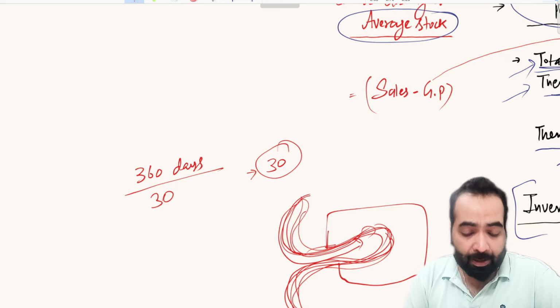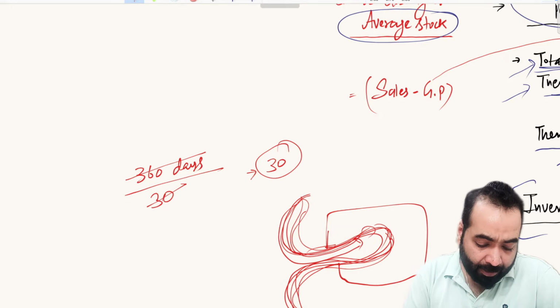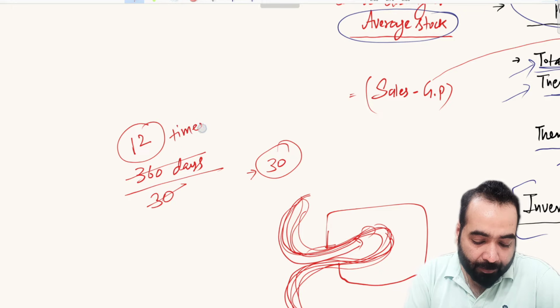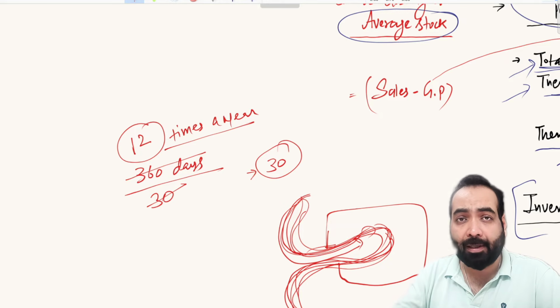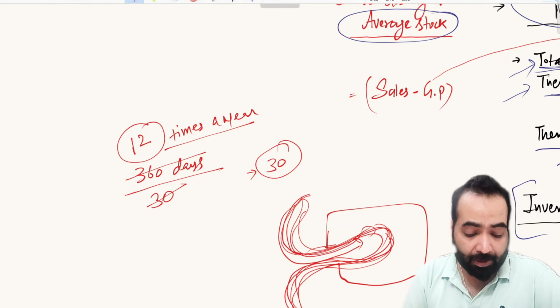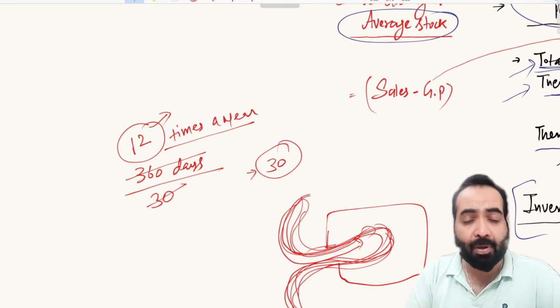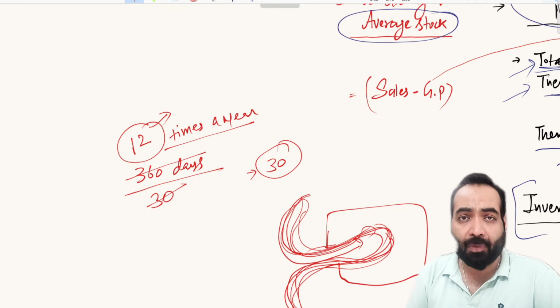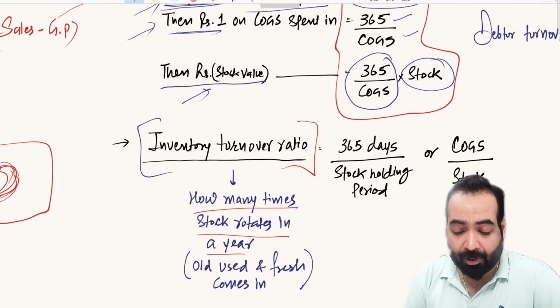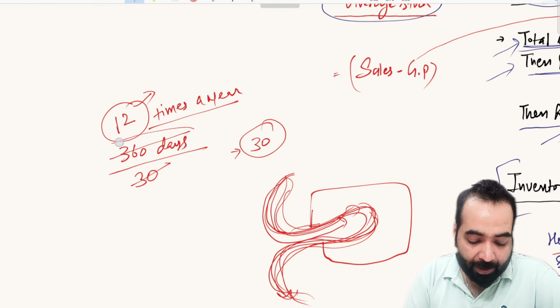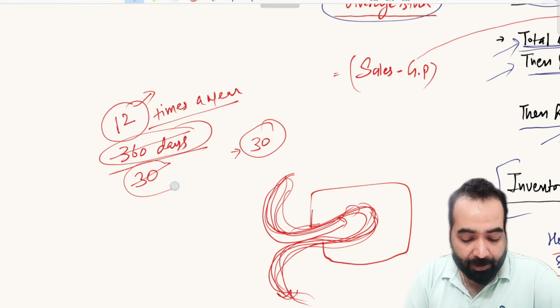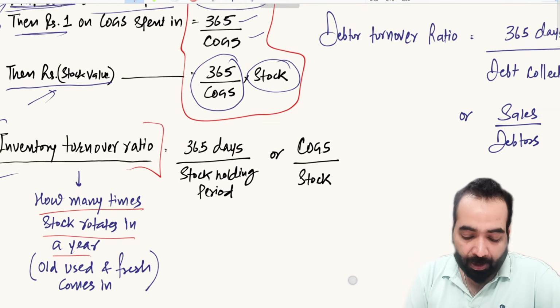If you divide 360 by 30, you will get that you rotate the stock 12 times a year. After every 30 days, old stock gets cleared out and new stock comes in the premises. This happens 12 times in a year. So this is the inventory turnover ratio. We can calculate the inventory turnover ratio by dividing the number of days in the year by the stock holding period.